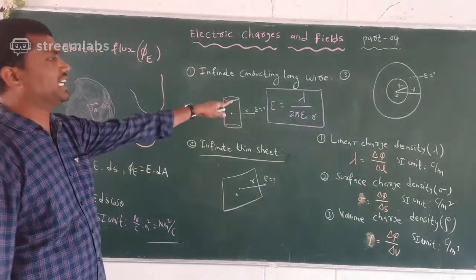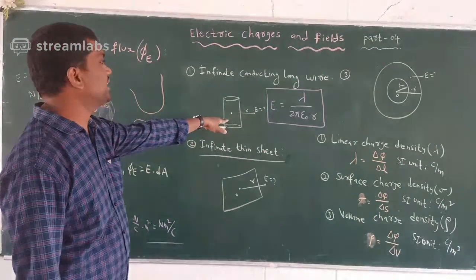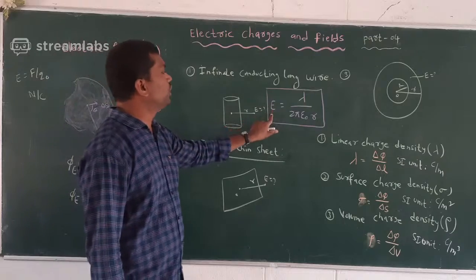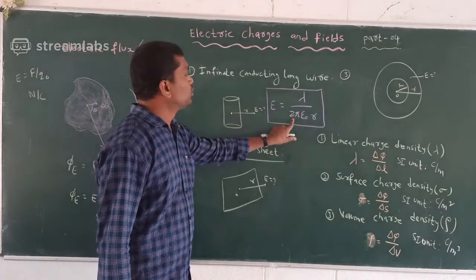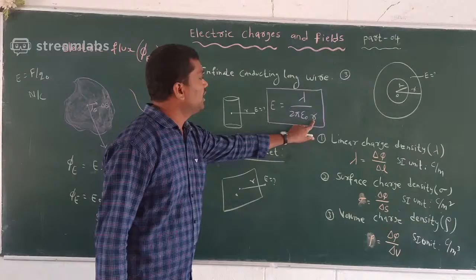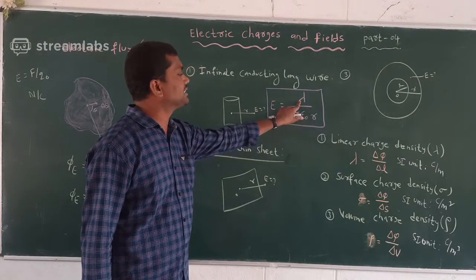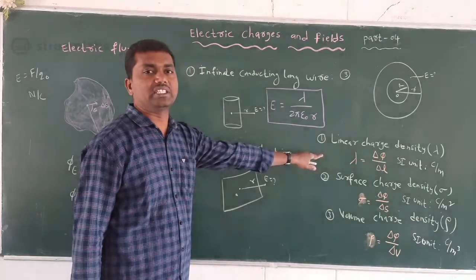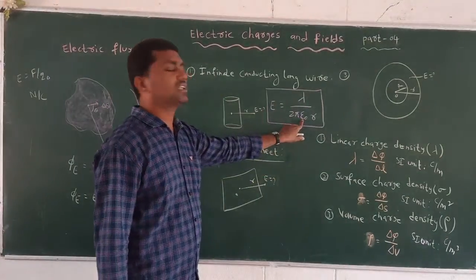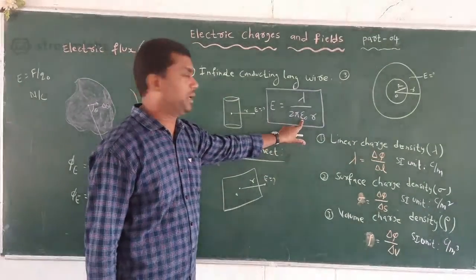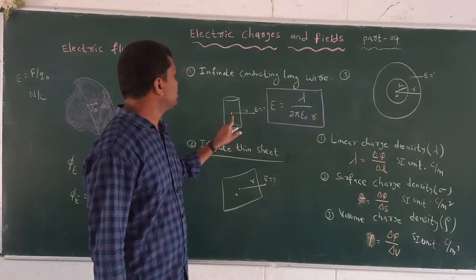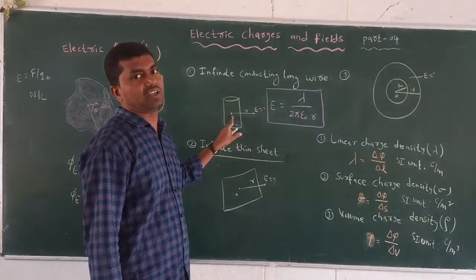So I can write the direct equation of the finite conducting wire. E is equal to lambda by 2 pi epsilon naught R, where lambda is the linear charge density, epsilon naught is the permittivity of free space, and R is the distance from the center of the conducting wire.